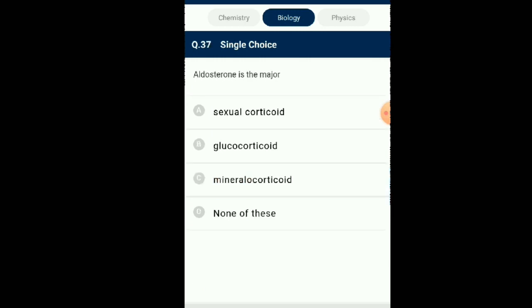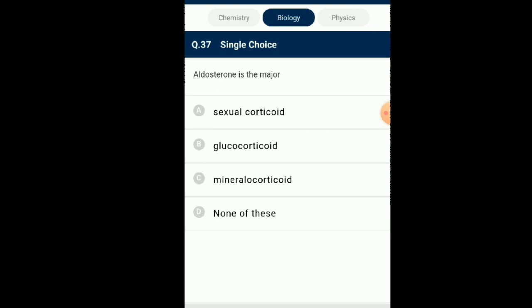Question number 37. Aldosterone is the major. Mineralocorticoids include aldosterone, deoxycorticosterone, etc. These are secreted by the zona glomerulosa of the adrenal cortex. Their secretion is stimulated by a decrease in sodium level.